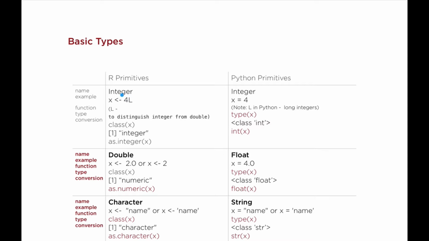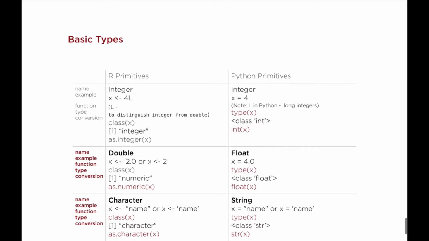To determine what class or type something is, in R we would use the class function, and in Python we would use the type function. The definition is integer in R, and int in Python. And finally, to convert something to an integer, we would use the as.integer function in R and int in Python.